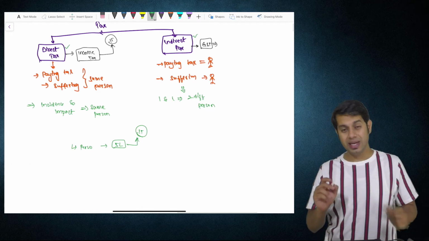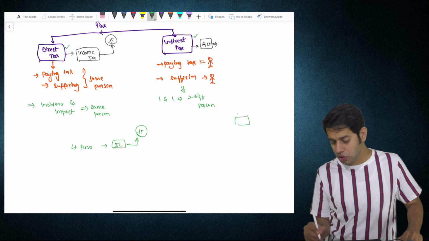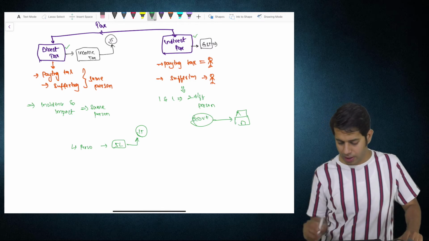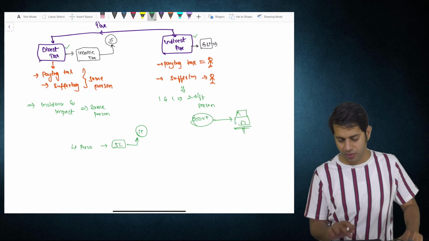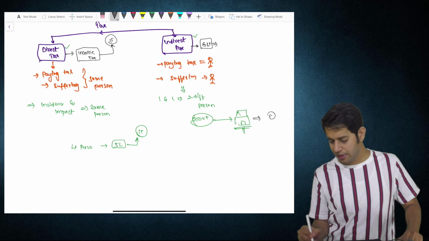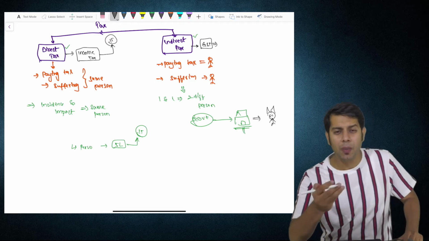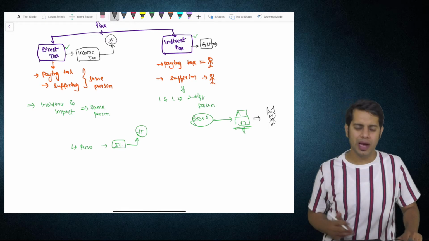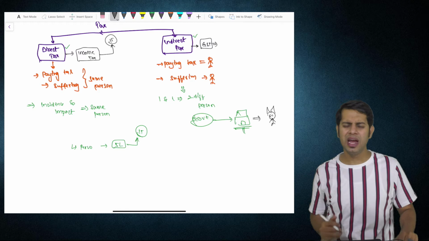But in case of indirect taxes, there is a shopkeeper who is selling the goods. There is this government, there is this shop selling the goods, and this is the final consumer, which is me. I go to the shop, I purchase a dress for me, and a toy for my daughter.